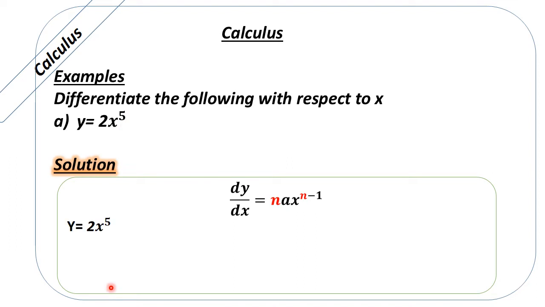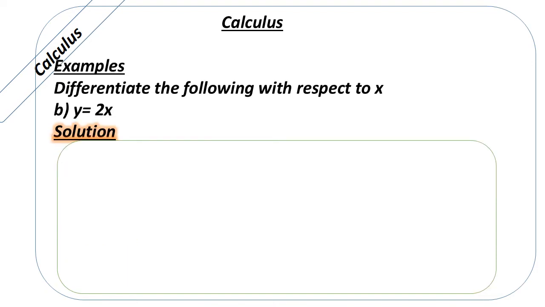So y is equal to 2x power 5 gives 5 times 2x, then on top 5 minus 1, so we have 10x power 4 as the differential of 2x power 5. We have taken the 5, brought it here and multiplied by everything, then from the 5 we have subtracted 1. That's what it means to differentiate.